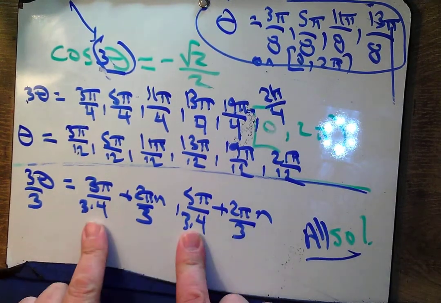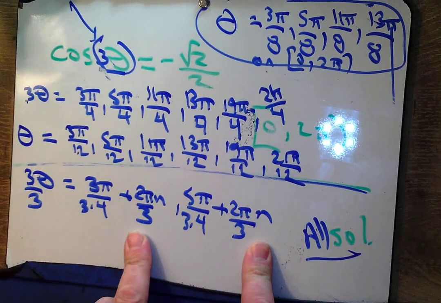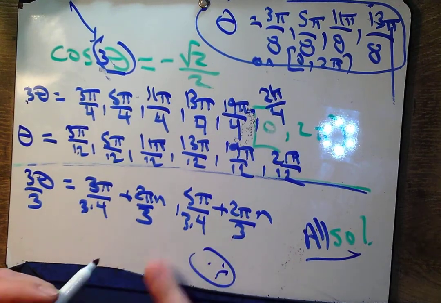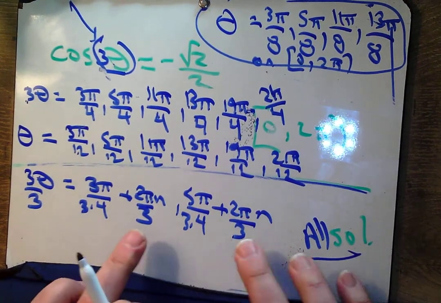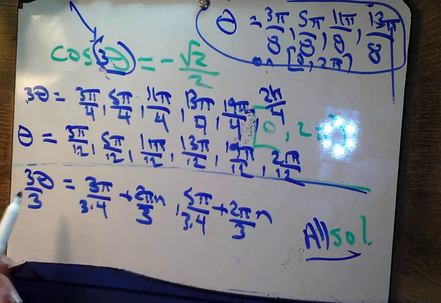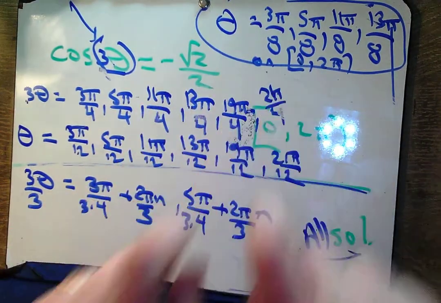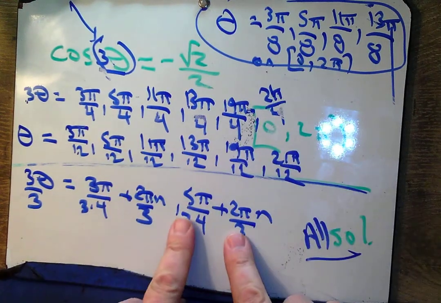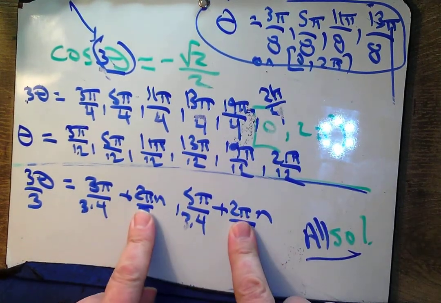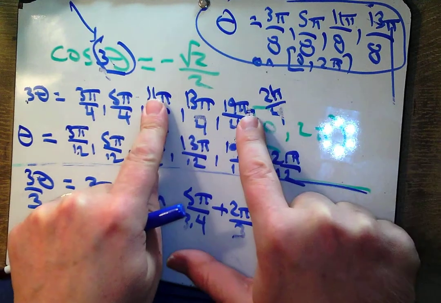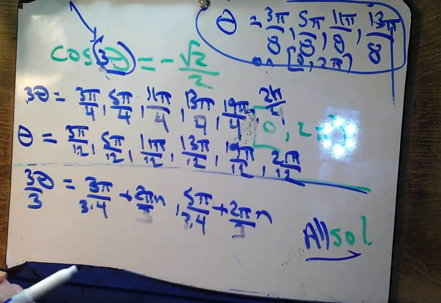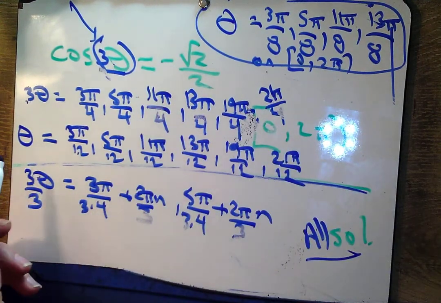It's funny because people divide here by 3 and then don't divide here by 3. You really need to divide here by 3. Dividing here by 3 is picking up these and these. If I don't divide these by 3, then I'm skipping these others. And I don't do that.